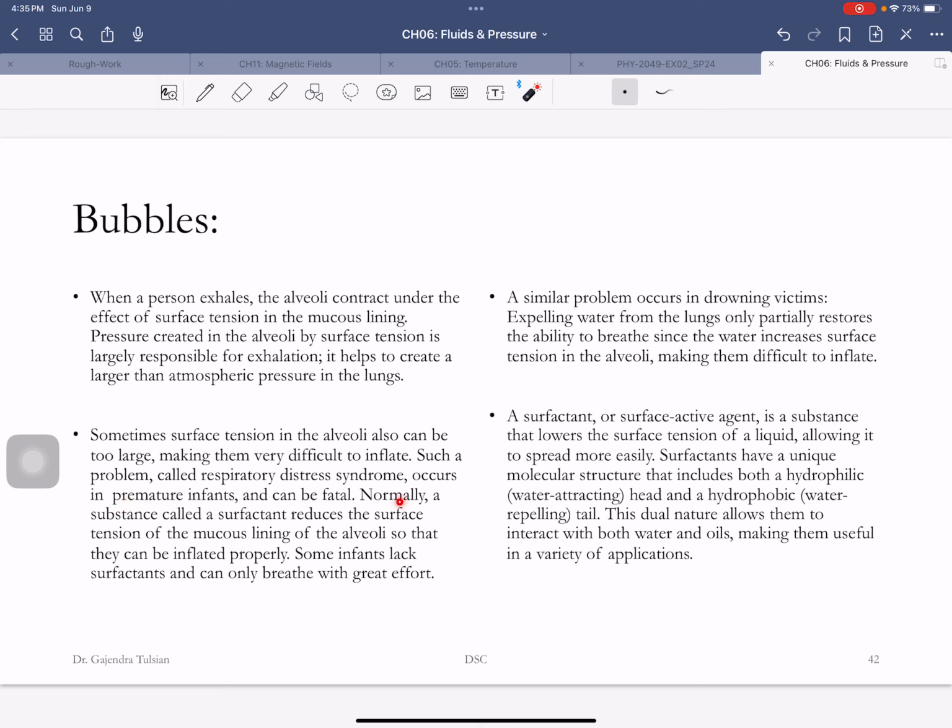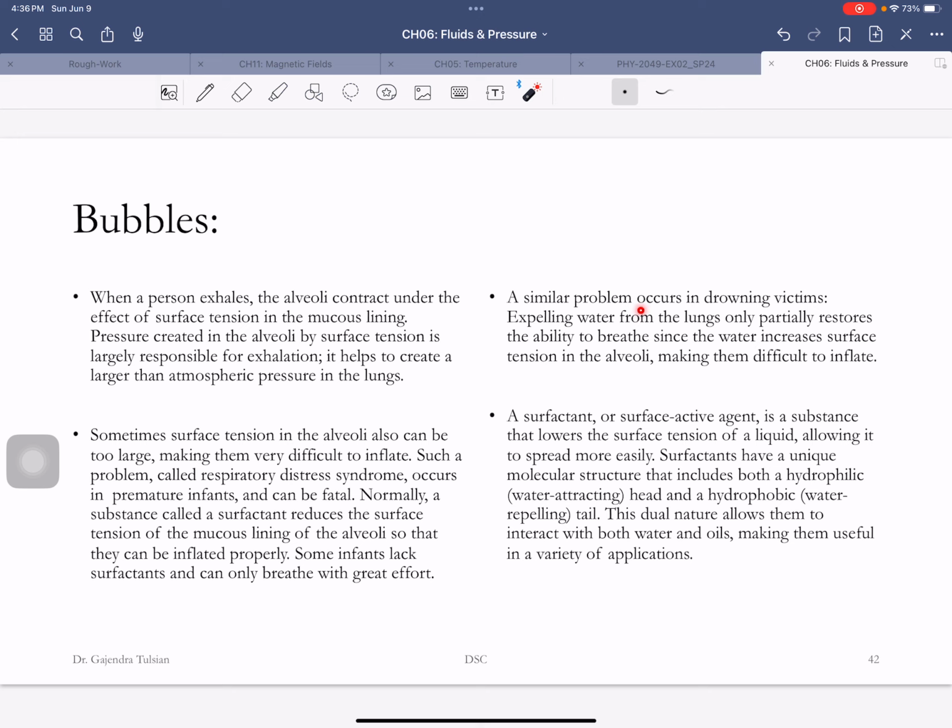Normally a substance called a surfactant reduces the surface tension of the mucus lining of the alveoli so that they can be inflated properly. Some infants lack surfactants and can only breathe with great effort. If they lack surfactants through some genetic defect, then they have trouble breathing.